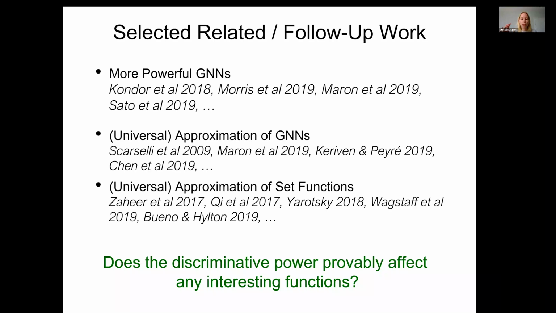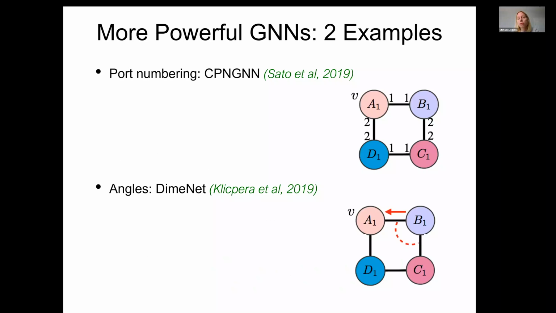But what does that mean for specific functions? I would like to generalize this result a little bit from the type of architecture I showed you to include two improved architectures that are a little bit more discriminative. I don't want to spend a lot of time on the formalization, just look at the pictures.